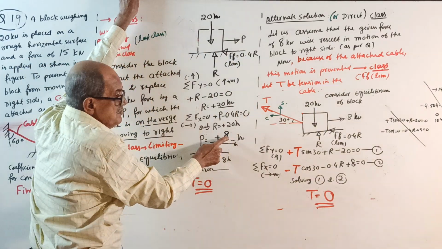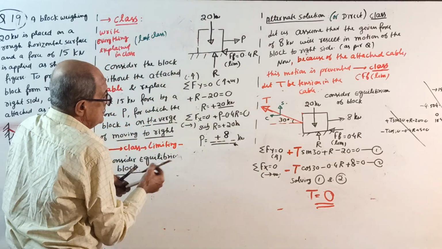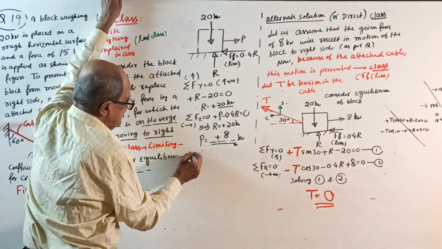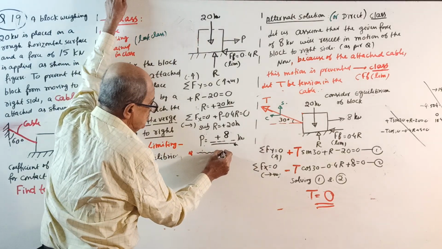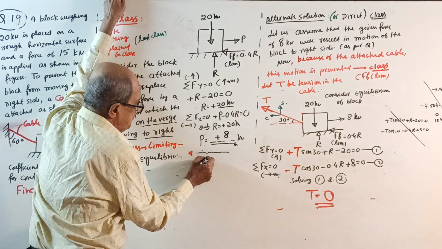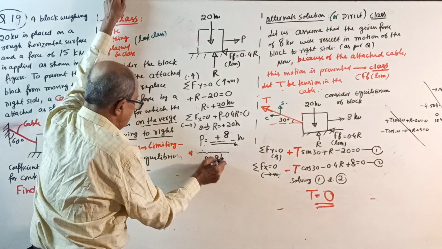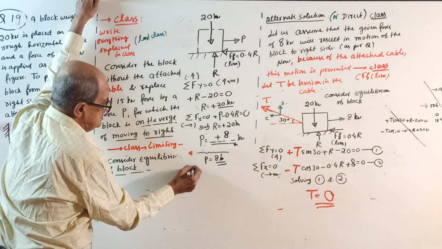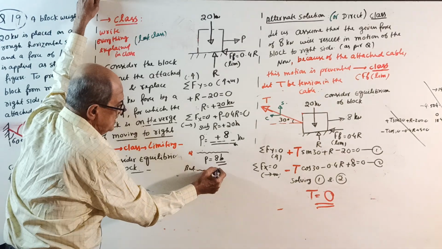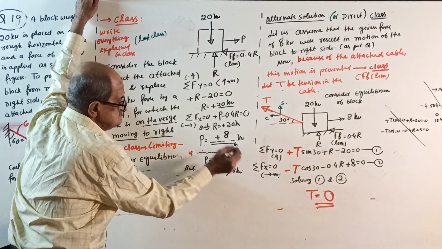You find at what force the block is on the verge of moving. Solve. It will come to 8 kilonewton. That is the statement: the block is on the verge of moving when the applied force P reaches 8 kilonewton. Yes, but the applied force is 15 kilonewton, which is more than 8 kilonewton.